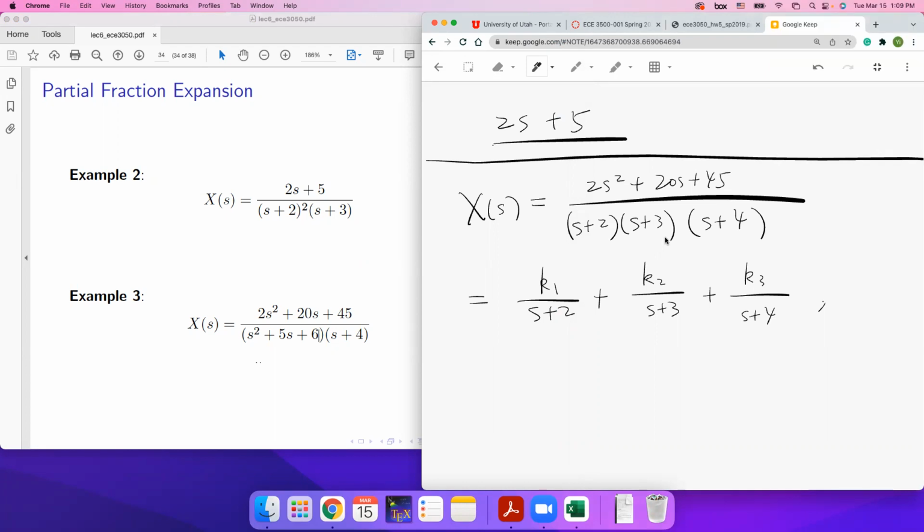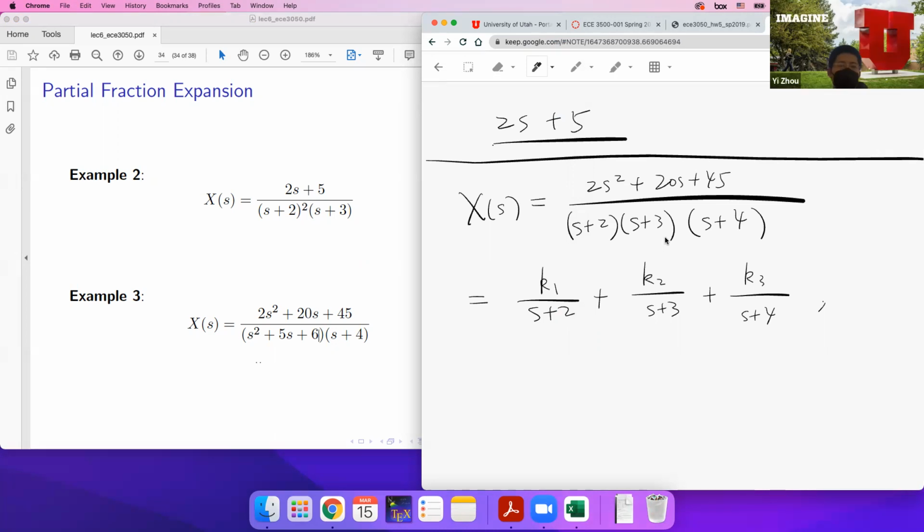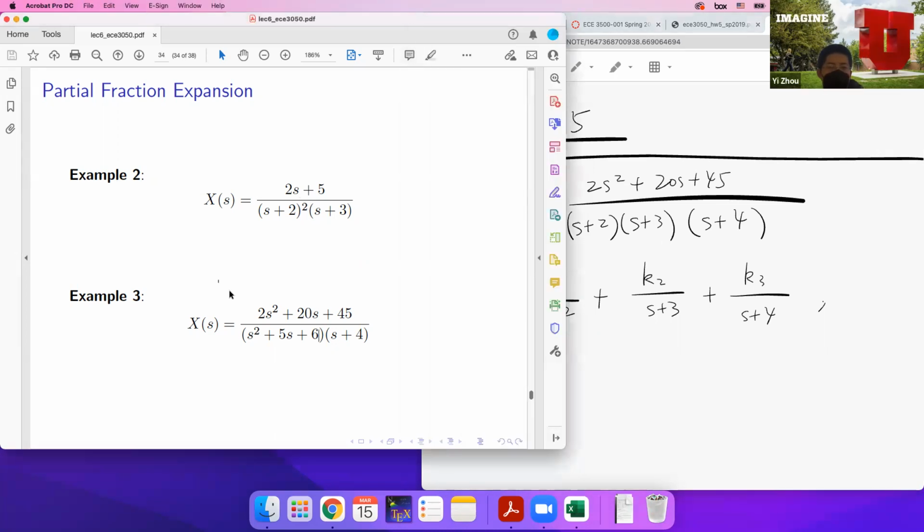Do you think we'll have any problems like that in this class? We probably don't have something like that. Here you can check: this S can already represent any complex number.